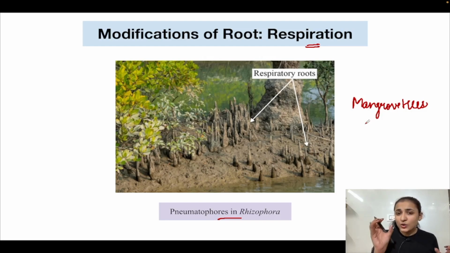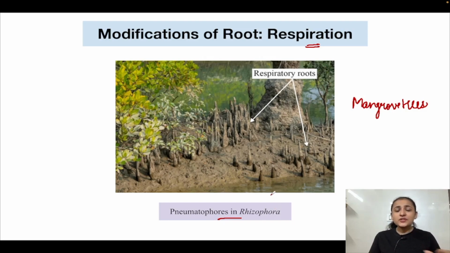Okay, mangrove trees especially, they grow in areas of salty water, okay, where ocean water is present. The region is called swampy because obviously water is present, the region is very wet and soggy. So rhizophora is usually seen growing in such regions.